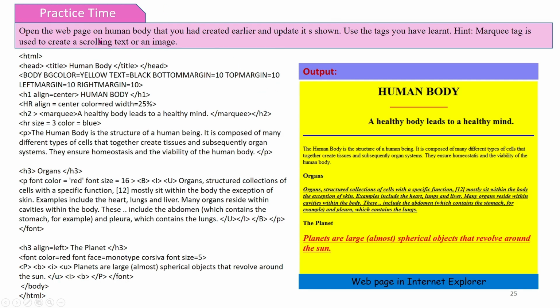This is a practice time question in which we have to use the tags learned up till now, including bold, italic and underline, etc. Marquee is also being given. This is the main attraction of this output: a marquee, which is a text moving from right to left.